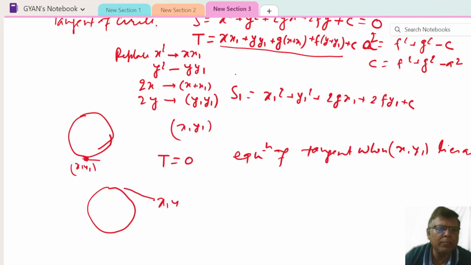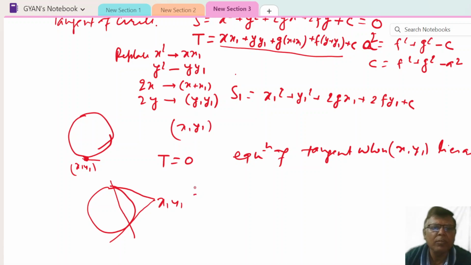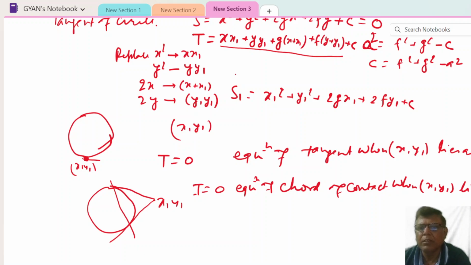then there will be two tangents from here. So this is the chord of contact. If T is equal to 0, it will give the equation of the chord of contact when x1 y1 lies outside the circle.